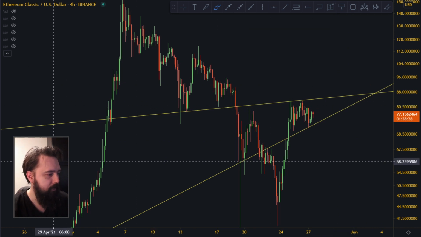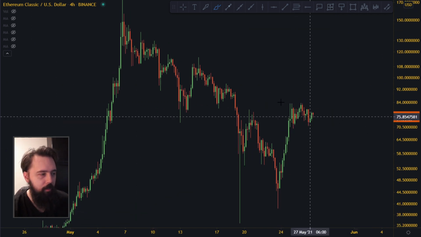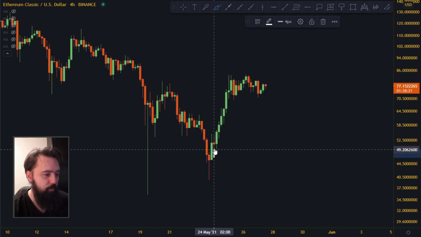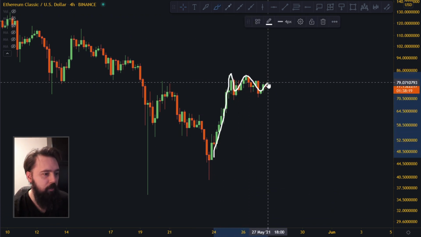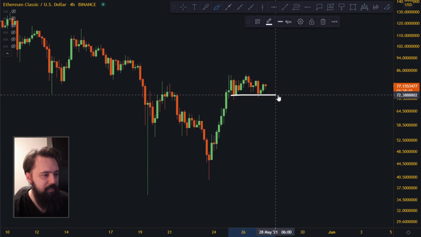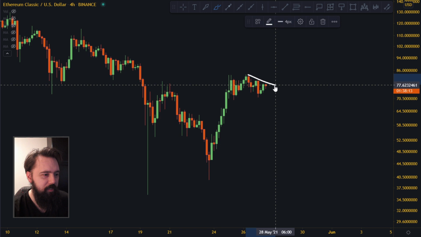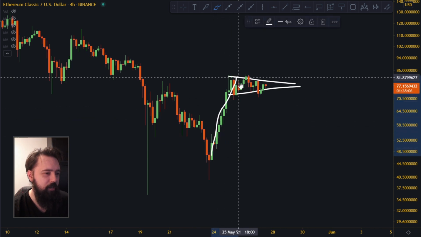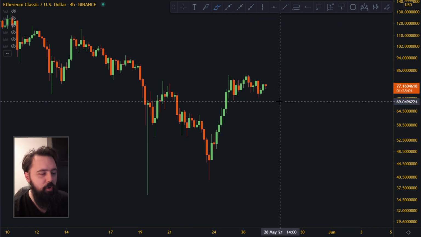Now there is another pattern going on over here, and that's a bull flag or bull pennant, call it what you want. I don't think it's a bull flag. I think it's more like some kind of pennant going on over here. Either way, it's a continuation pattern, right? It goes up here and should go up on the upside.